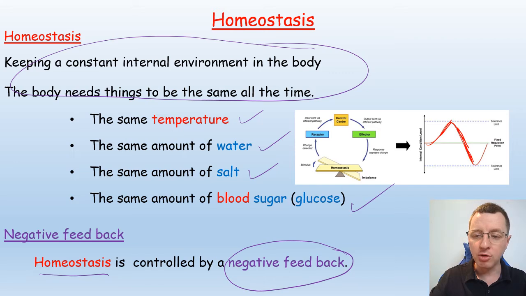And if the blood glucose level falls too low, there'll be another controlling mechanism which will send the blood glucose levels back to normal. So you have a constant flux going up and down throughout your body. And that's how most of these conditions within your body, temperature, water, salt, blood glucose, are maintained by this negative feedback.